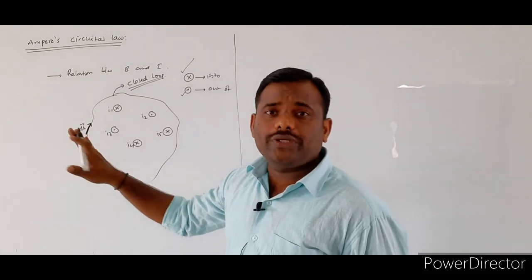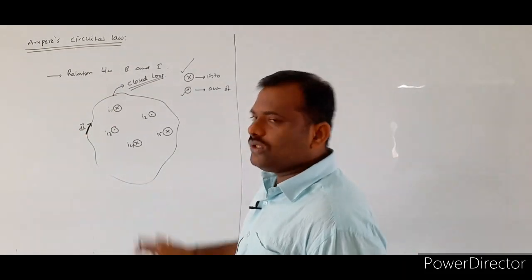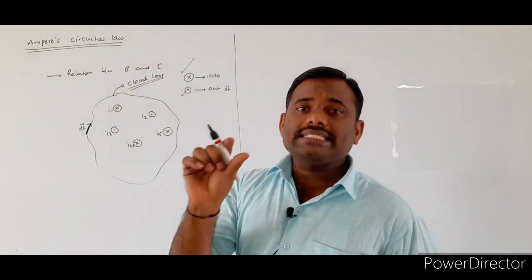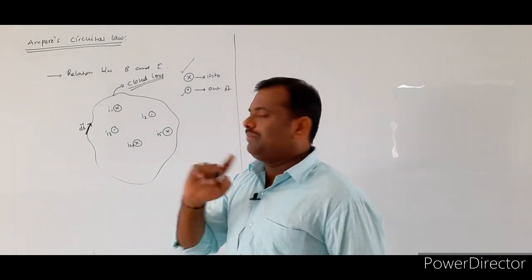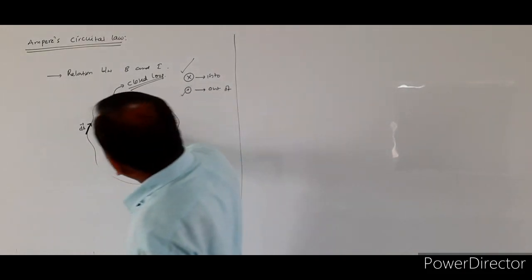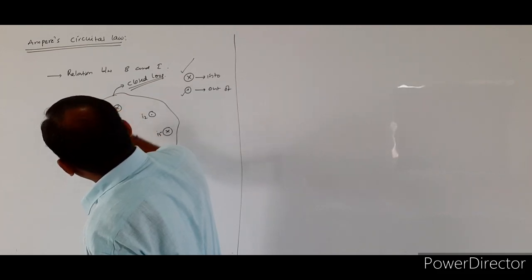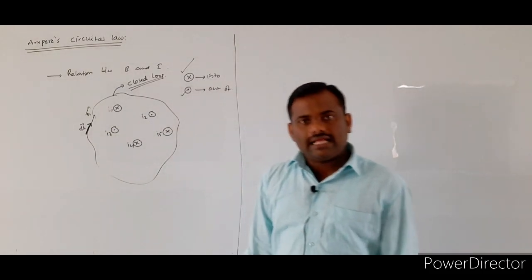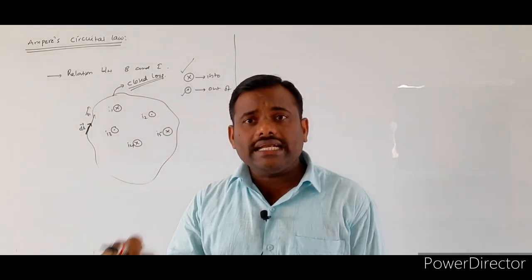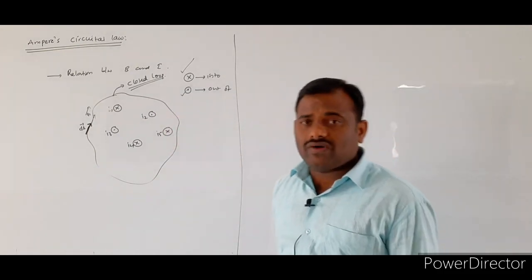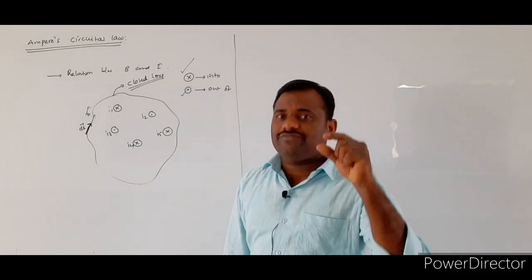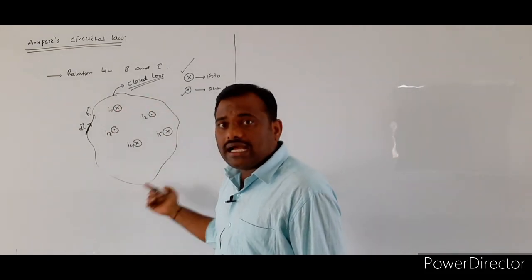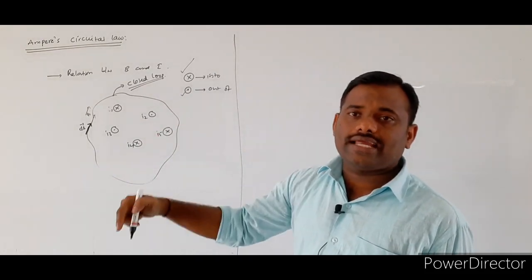Whatever closed loop you assume, on that closed loop, at any one point, you consider a small element. At that small element, if you draw a tangent, that tangent gives the direction of the resultant magnetic field, which is produced by the different currents present inside the closed loop.